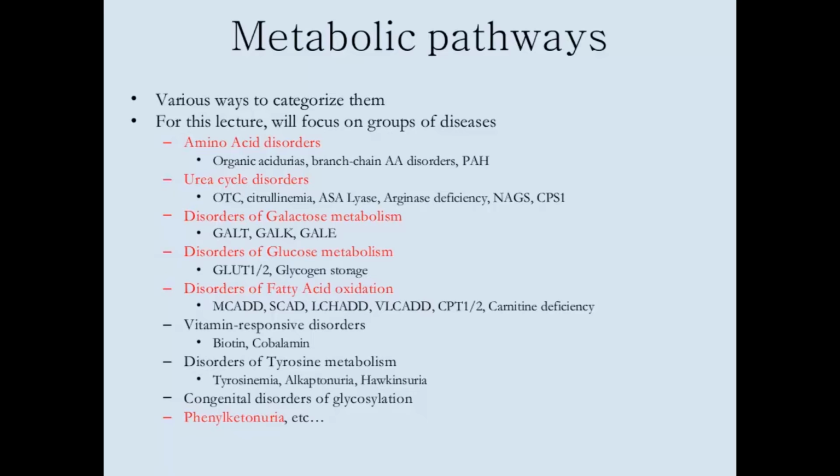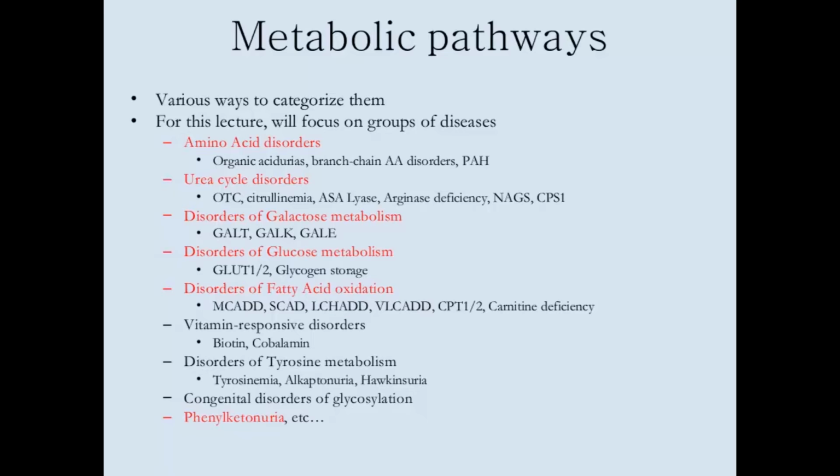There are other groups, which I'm not going to talk about today. Some of those include the vitamin-responsive disorders, such as biotinidase deficiency, the cobalaminopathies, tyrosinemia, which is not uncommon either, but I'm not going to go down that route today, and then some other more esoteric type things. Some people will also put storage disorders, lysosomal storage disorders, in this category of metabolic pathways.